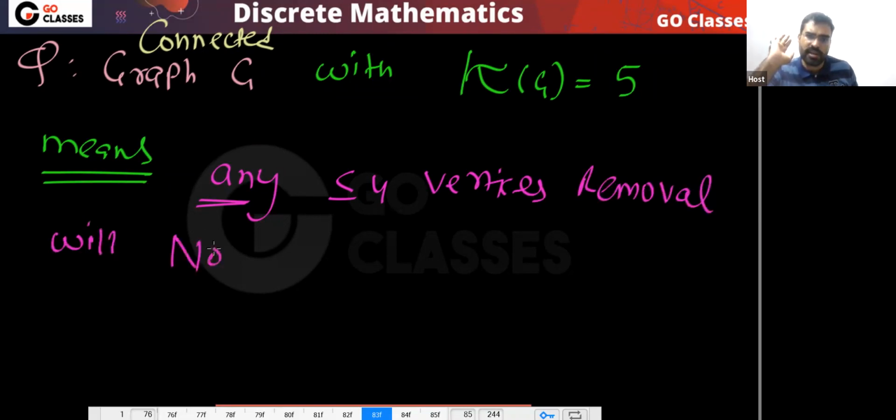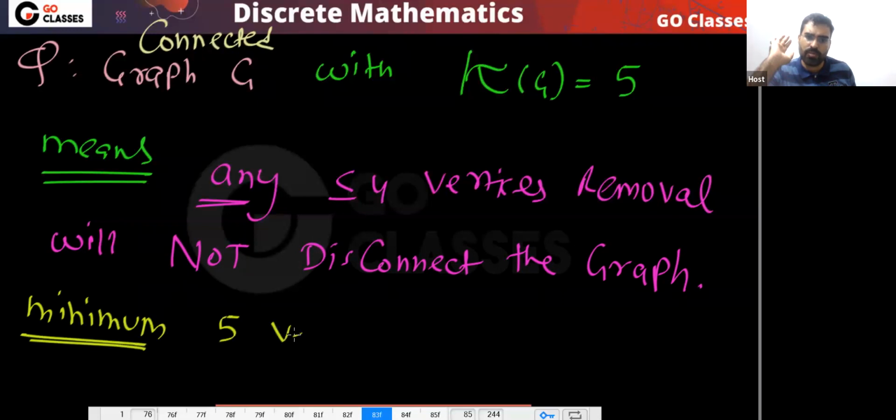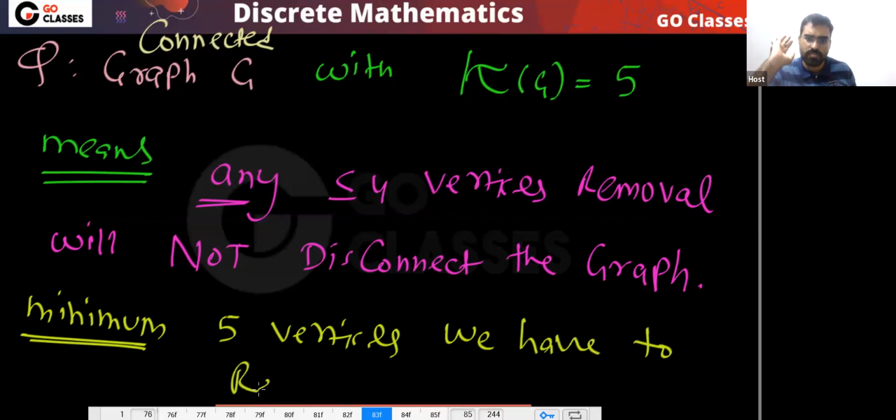So the minimum you have to remove is 5 vertices to disconnect it.